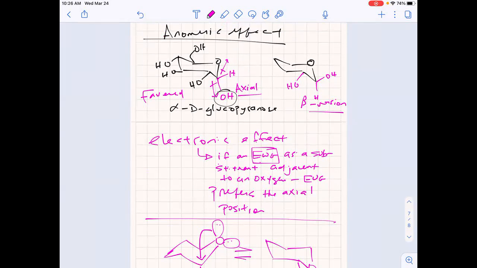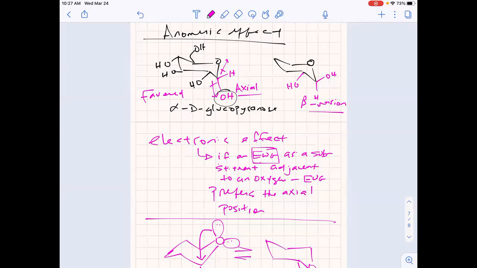You're not going to donate into the CO sigma star, probably because it's too high in energy. But the oxygen is going to have a huge dipole, right? And then if you compare that to chlorine, chlorine is a much larger atom, so that bond is a little bit longer already. And so that sigma star in the carbon chlorine bond is a little bit more accessible. All right.